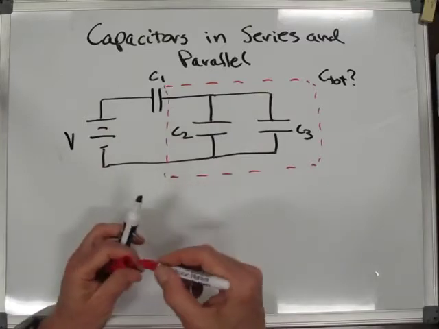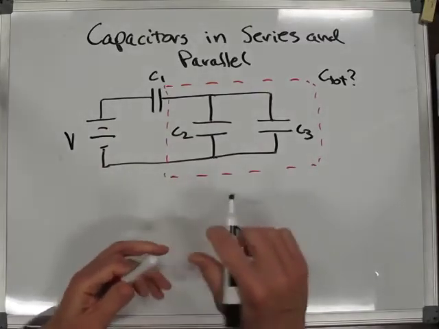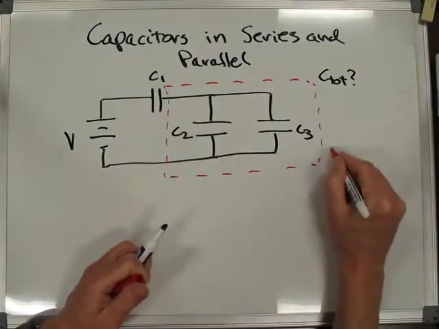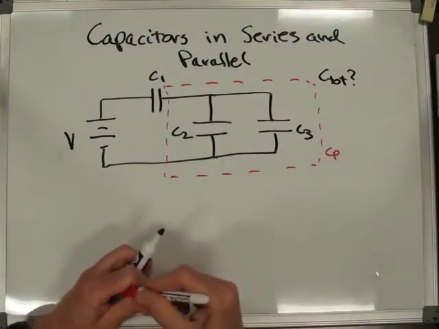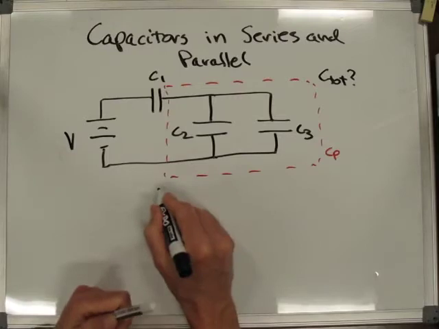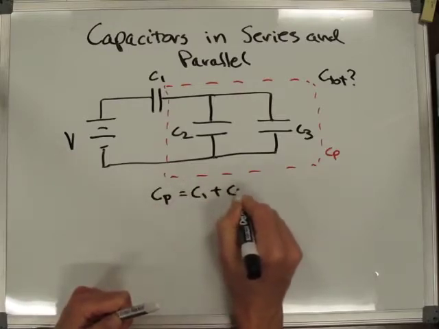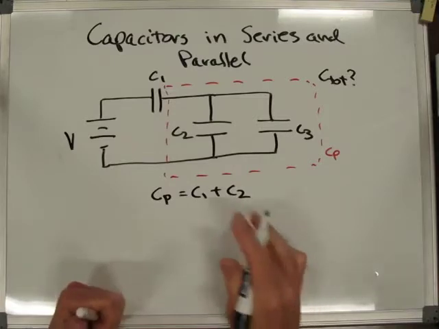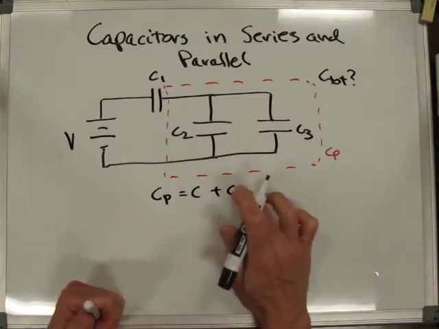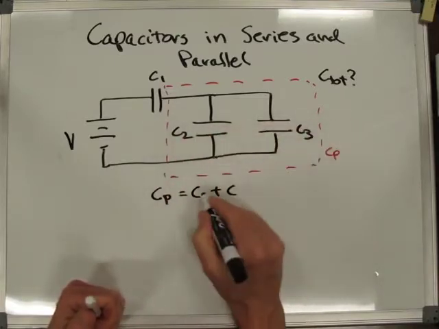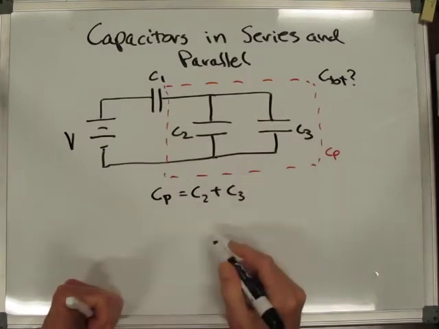From the previous section, we can call this red box CP, the total capacitance of that, and we use our parallel rule: CP equals C2 plus C3.